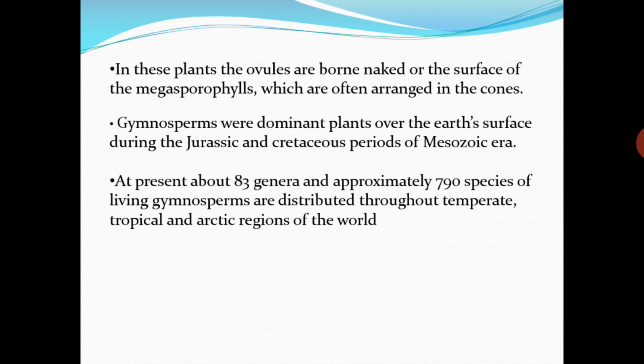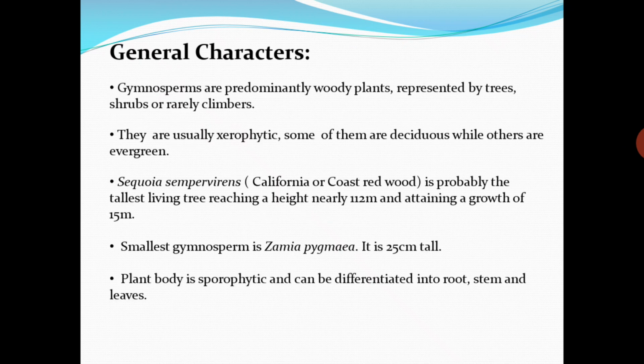At present, about 83 genera and approximately 790 species of living gymnosperms are distributed throughout the temperate, tropical and arctic regions of the world. And here now comes the general characters.